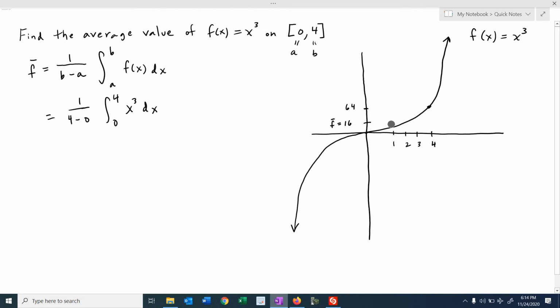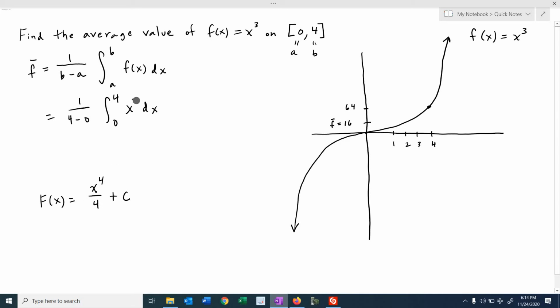Okay, now notice that x cubed is continuous on the closed interval from 0 to 4. And so because of that, we can evaluate this definite integral using the fundamental theorem of calculus. Now remember, in order to do that, we have to find any antiderivative of x cubed. Of course, x to the fourth over 4 plus any constant. That's the family of antiderivatives.